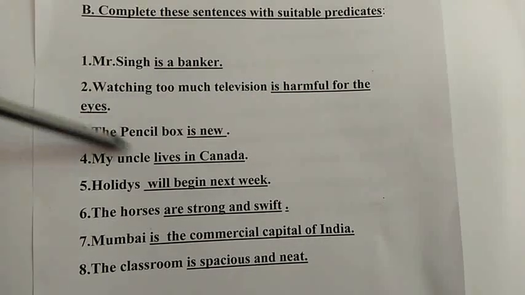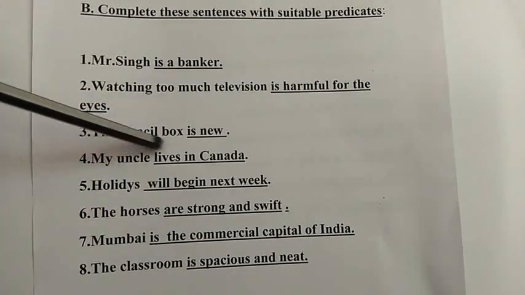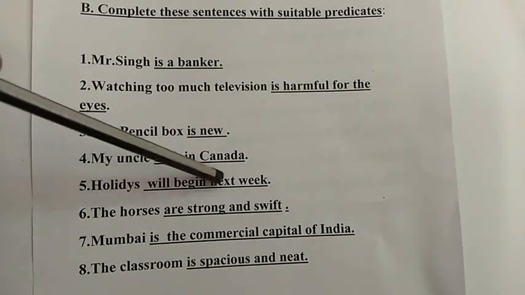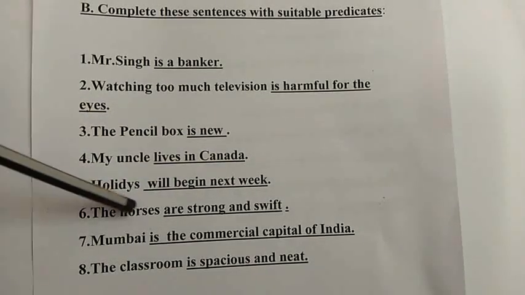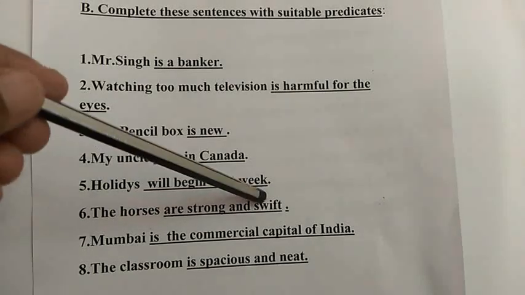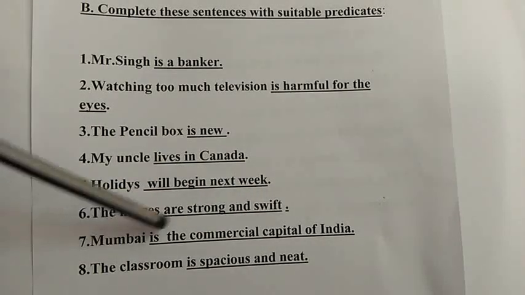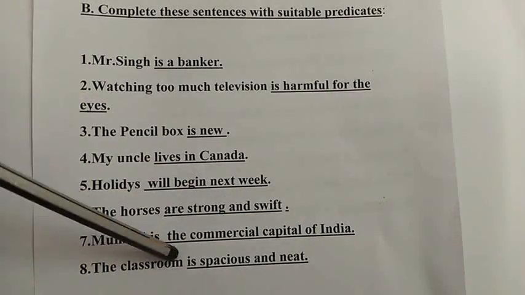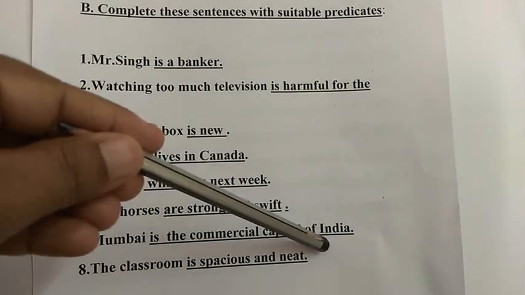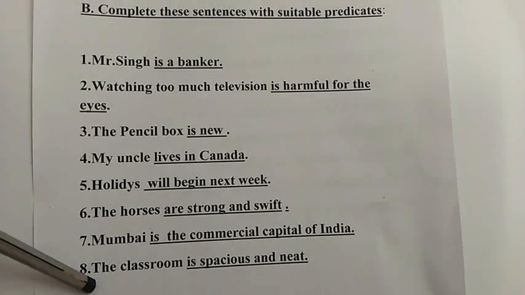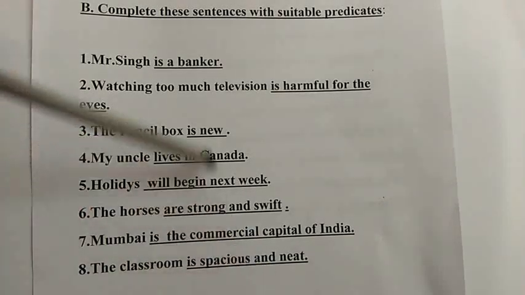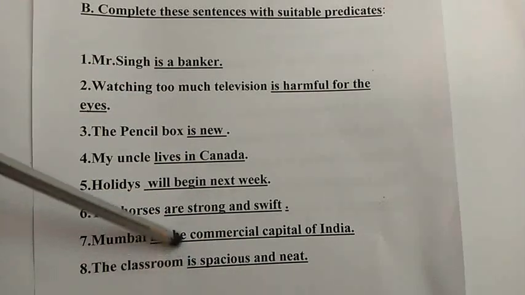Answers are given to you here. Third, the pencil box is new. Fourth, my uncle lives in Canada. Fifth, holidays will begin next week. Sixth, the horses are strong and swift. Seventh, Mumbai is the commercial capital of India. Eighth, the classroom is spacious and neat. I think this is clear to you.